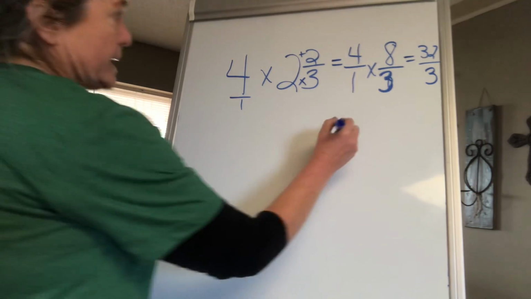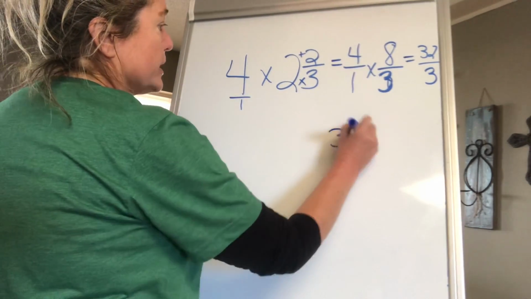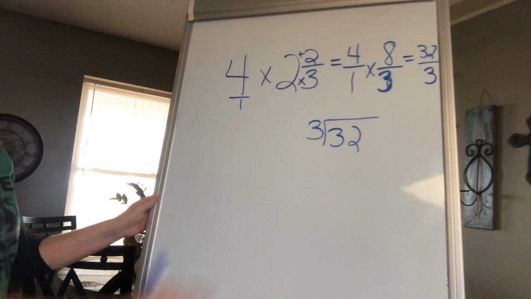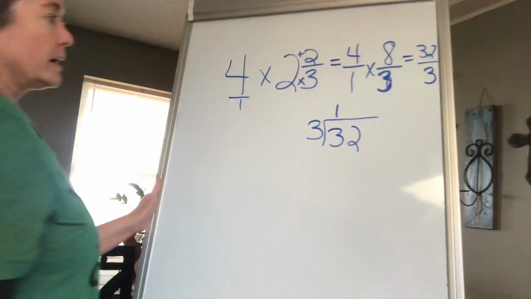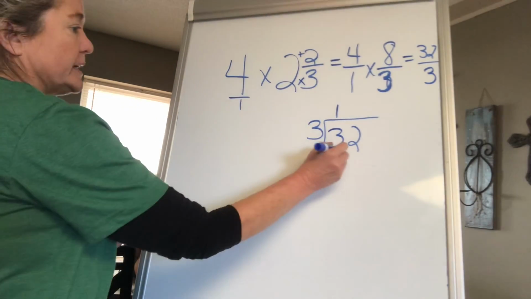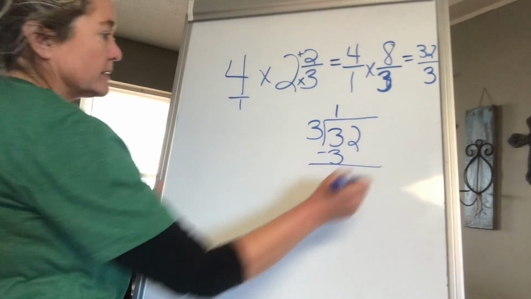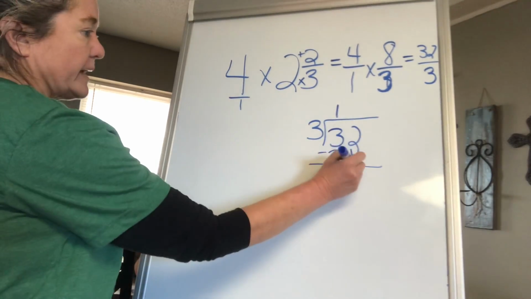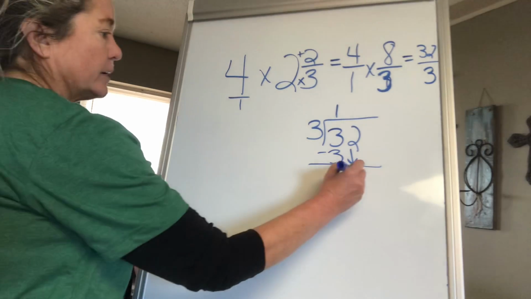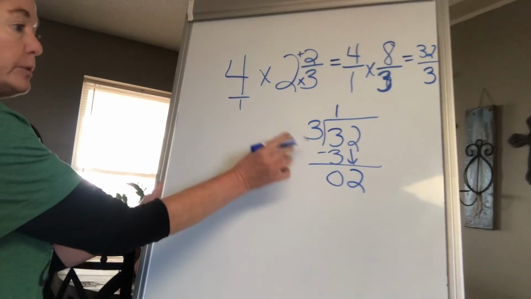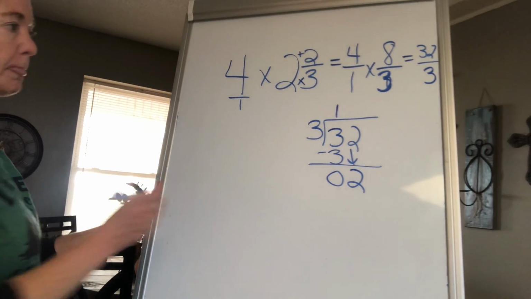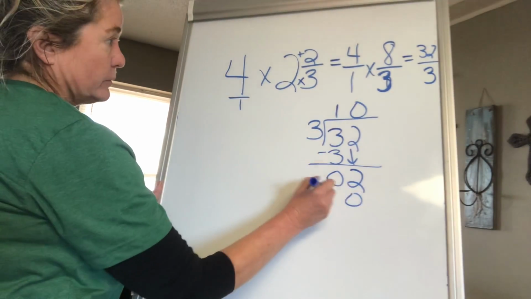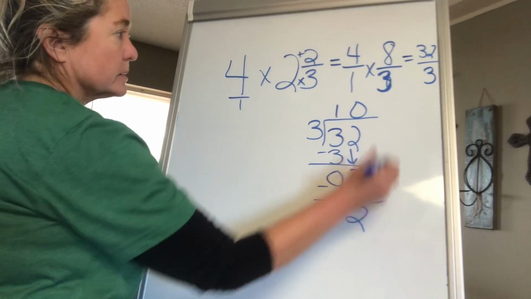So let's take that, read top to bottom: 32 divided by 3. 3 goes into 3 one time. 1 times 3 is 3, and we subtract. 3 minus 3 is 0, and we have the number 2 that we can bring down. 3 won't go into 2. 0 times 3 is 0, and we subtract.